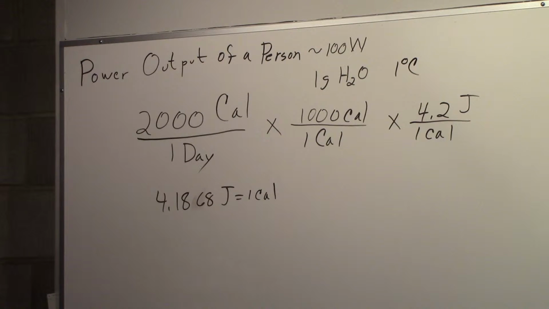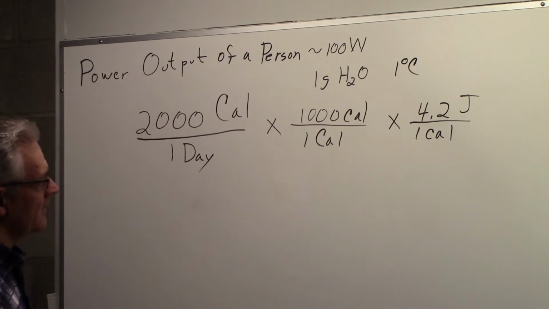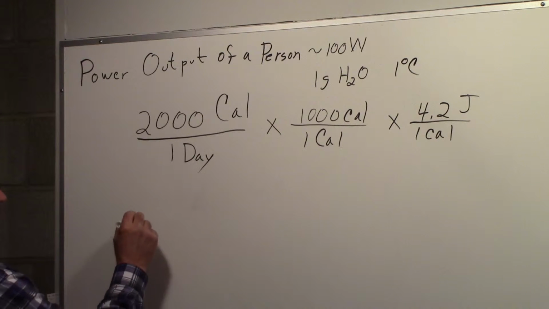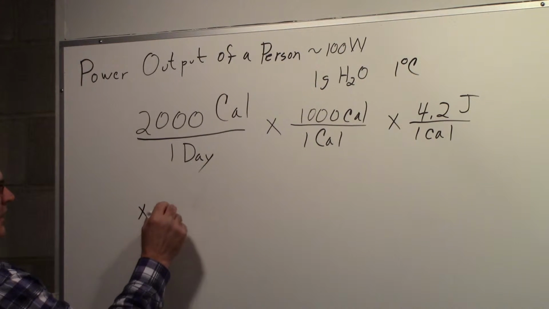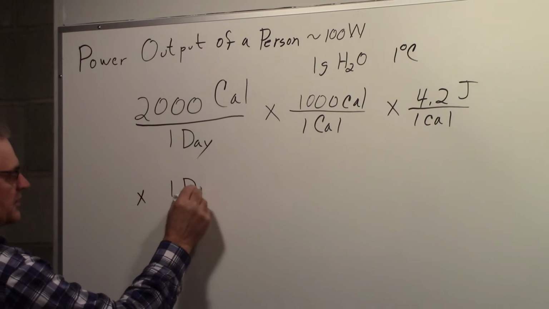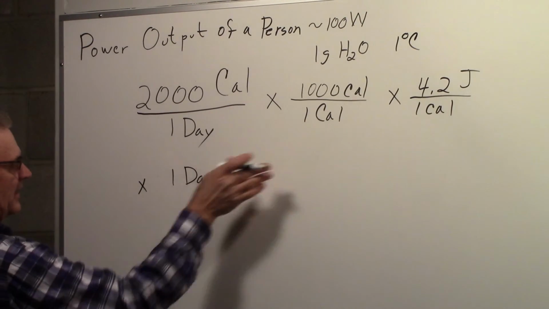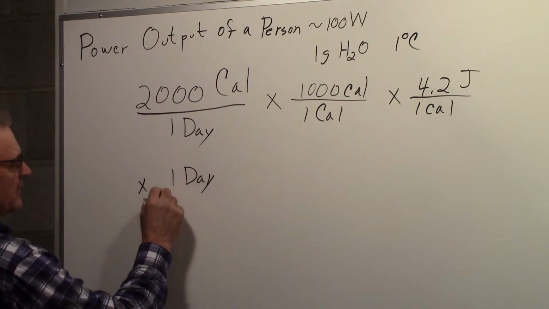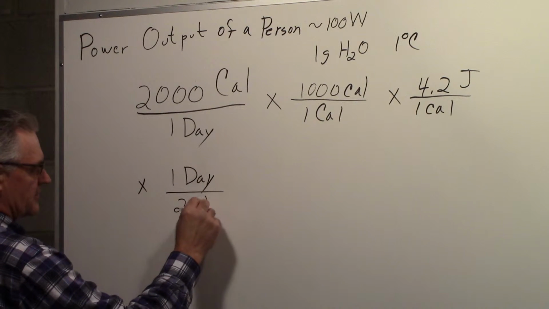So the next thing that we have to do is convert the days to seconds. So we'll have 1 day. So we're just continuing the multiplication process down here now. So 1 day is 24 hours.